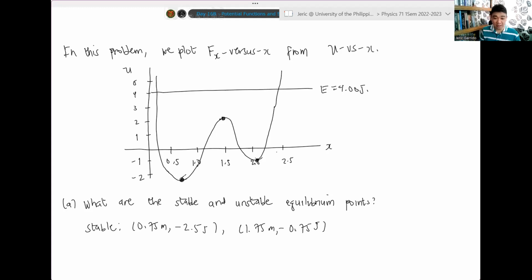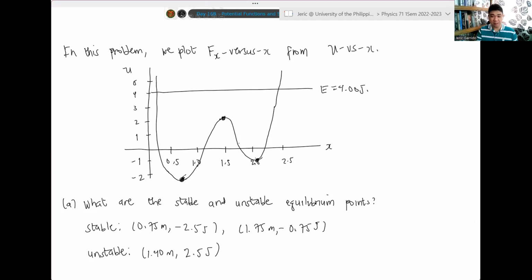On the other hand, the unstable equilibrium point, again based on my approximation, pwedeng magkaiba tayo ng konti, is at 1.40 meters, 2.5 joules. Okay? Clear? Malinaw? So itong mga points na to, I just relocated their coordinates.